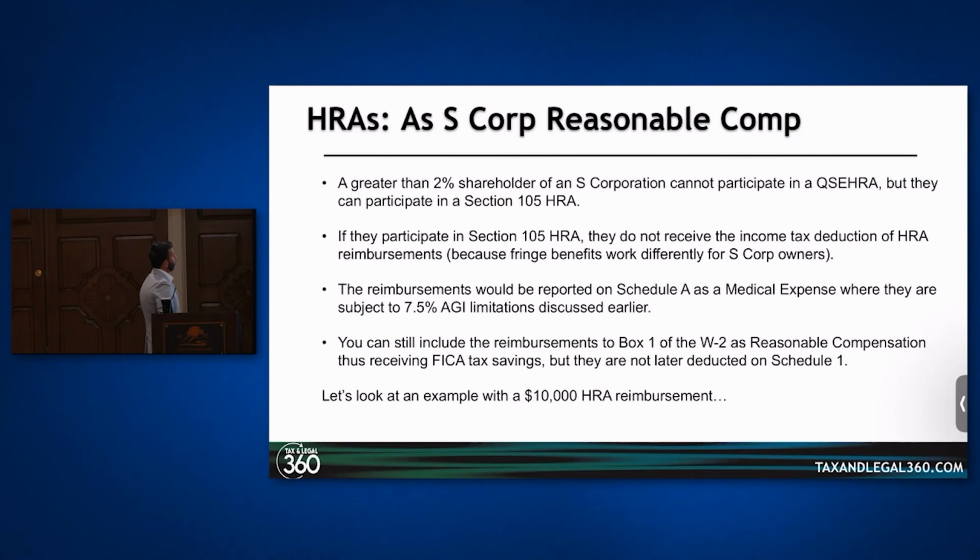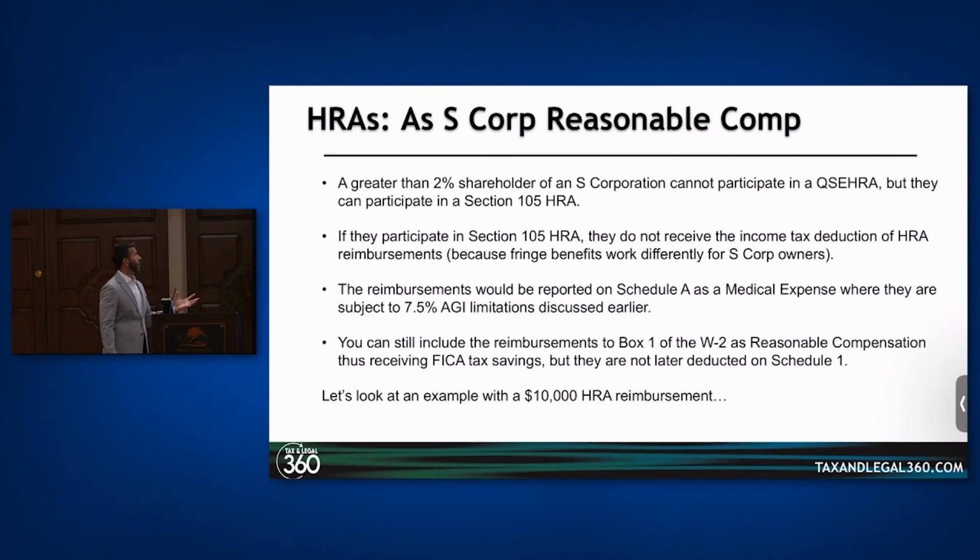A couple things to talk about here regarding the HRA using an S corporation and doing the reasonable comp strategy is that a 2% shareholder of an S corporation cannot participate in that QSEHRA we talked about earlier, but they can participate in this regular Section 105 HRA that I've been talking about this whole time. If they participate in the Section 105 HRA, they do not receive the income tax deduction of the HRA reimbursements, right?